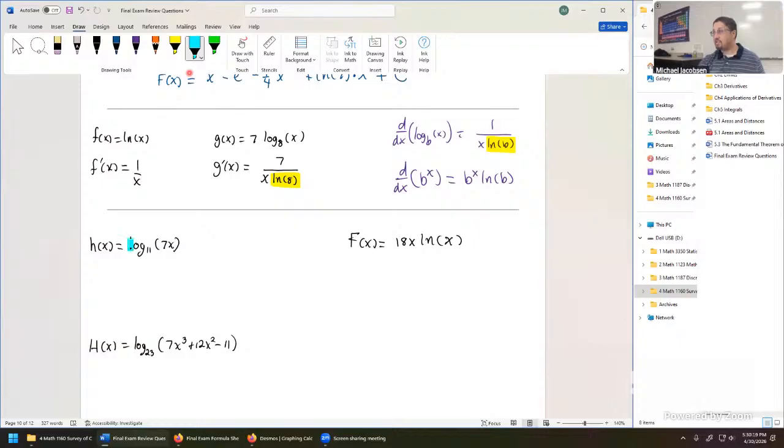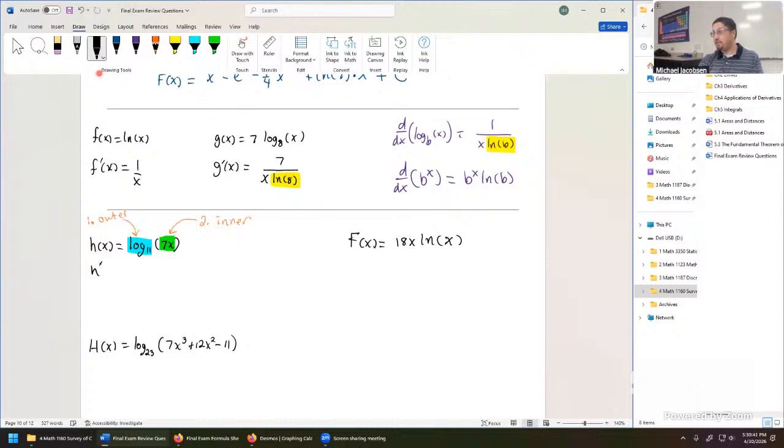So in the chain rule process, first we differentiate log base 11 at x. Then we differentiate 7 to the power of x. So this would be the inner function. This would be the outer function. The 1 and 2 tell us the order to do the derivatives.